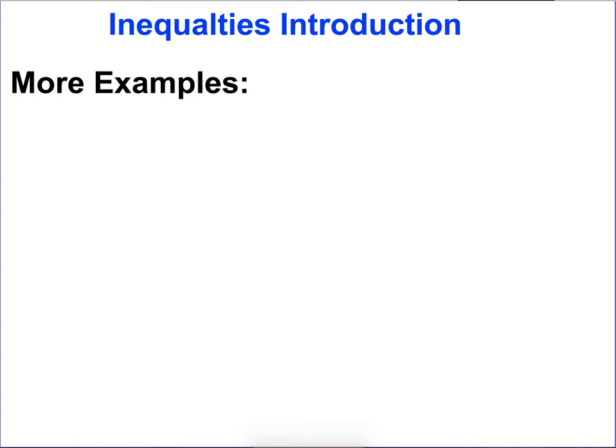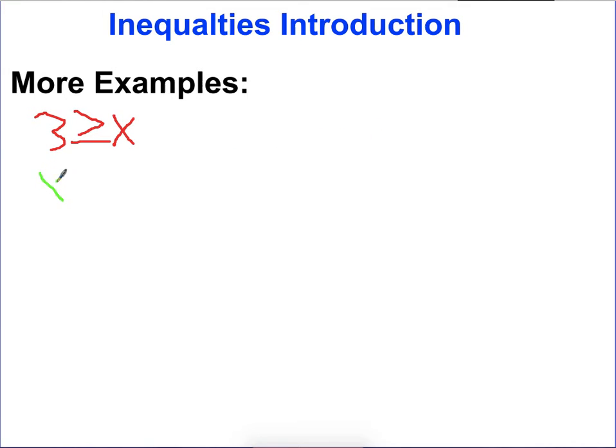All right, let's look at a couple more examples. And I want to show you something really important too. If you have something like 3 is greater than or equal to x, the thing that might be difficult about plotting this is we mentioned at the beginning that we need to read it from left to right. And to make it easier for myself, I want to have the variable first.